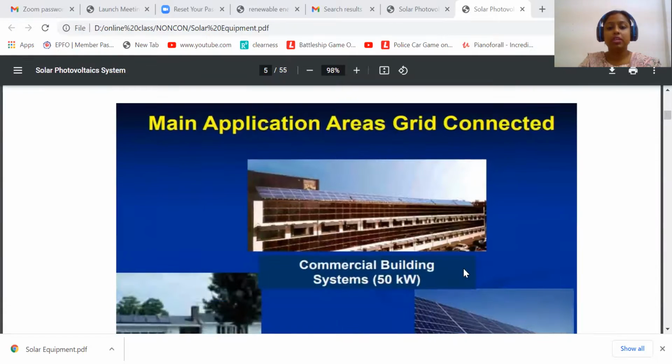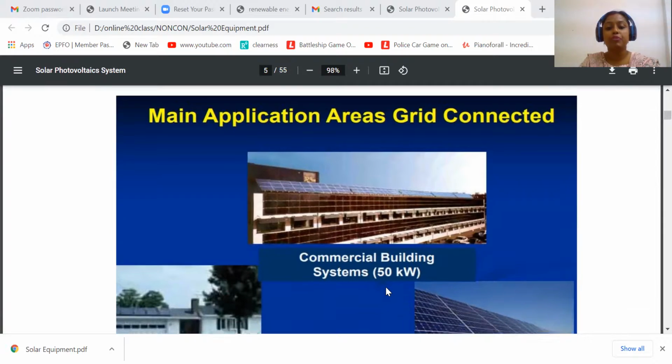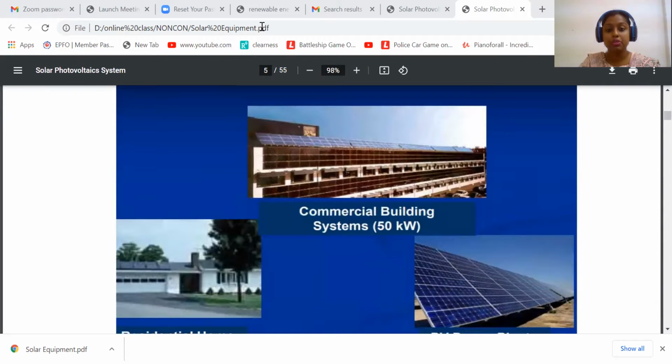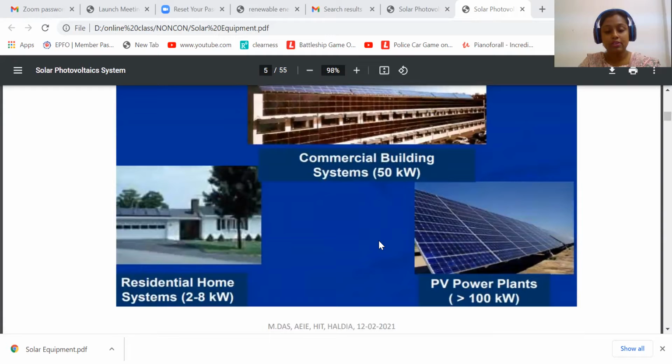Among grid-connected systems, commercial buildings can have up to 50 kilowatt of solar panels installed on the rooftop, so that we can generate the electricity consumed by the building and put the excess energy onto the grid.